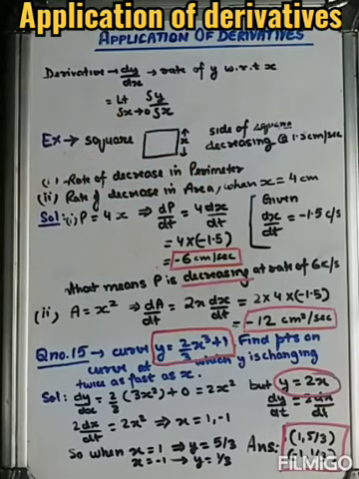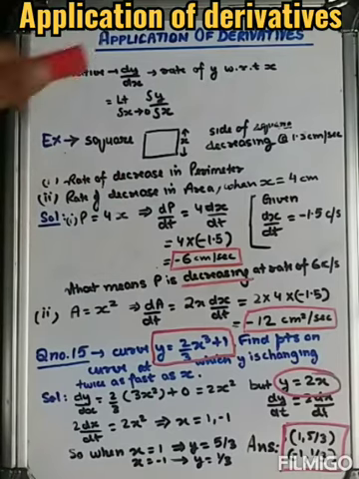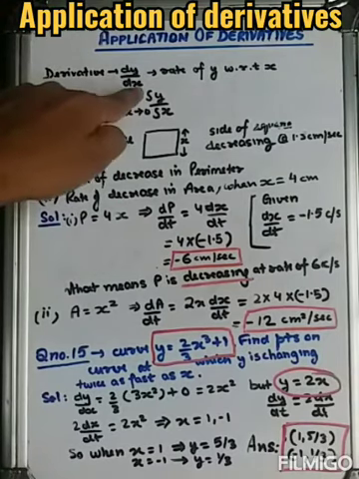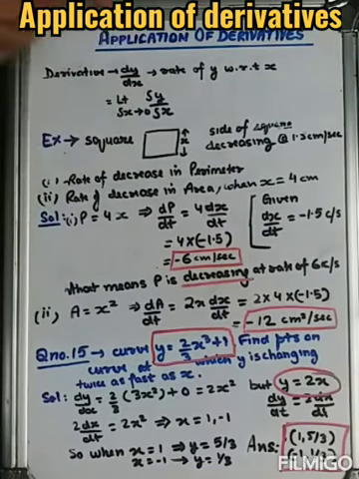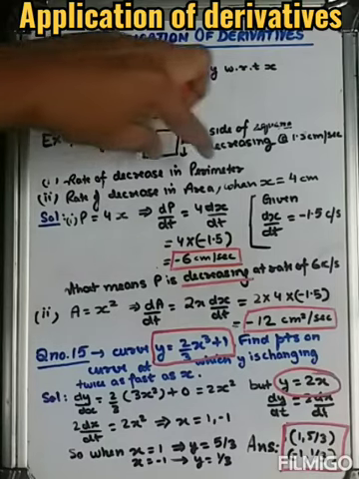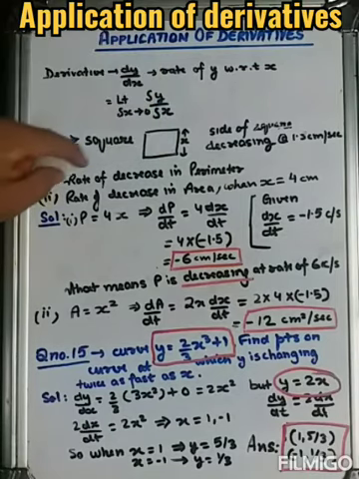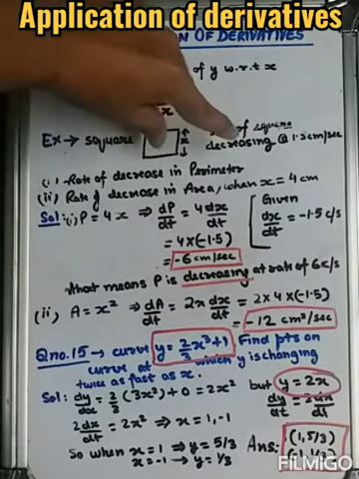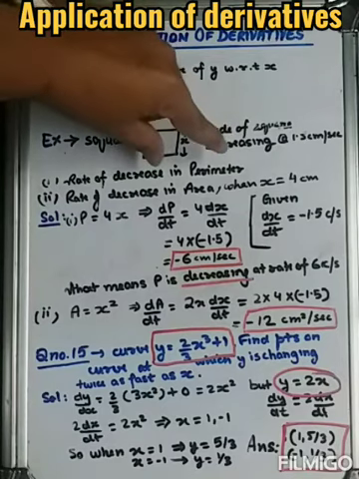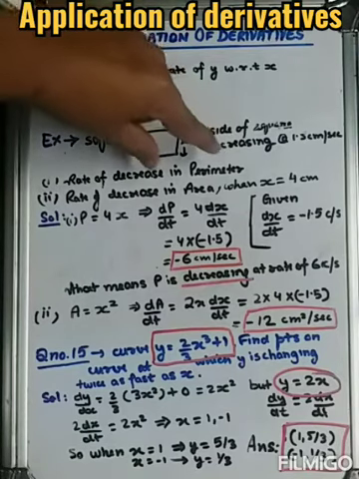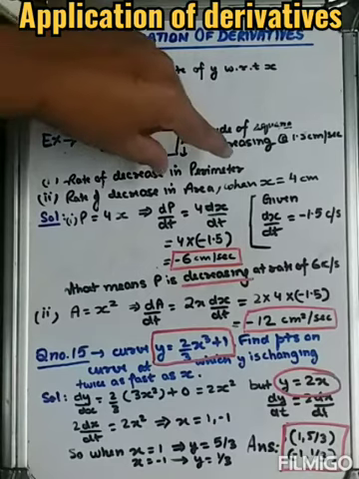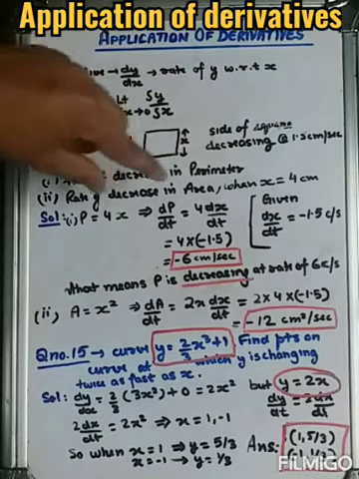Clear? So likewise, if you are changing x, what will be the change in y? This is the derivative. So with the help of the derivative, we have to find the rate of decrease in perimeter. Whether we find change in perimeter, change in area, or change in volume, you have to apply that formula only.